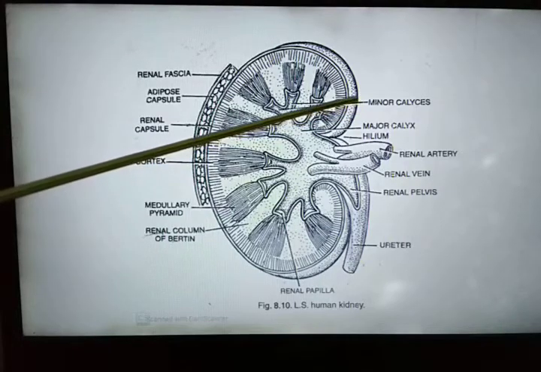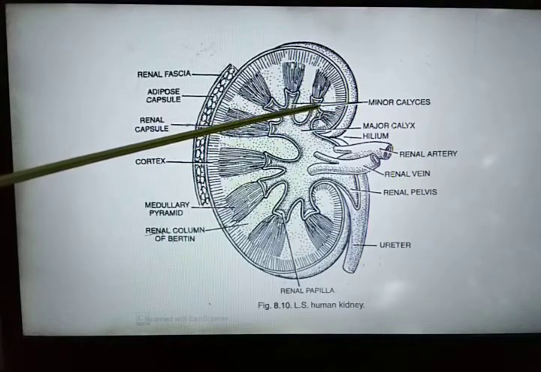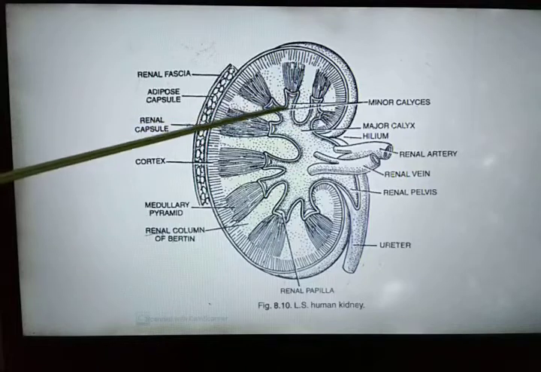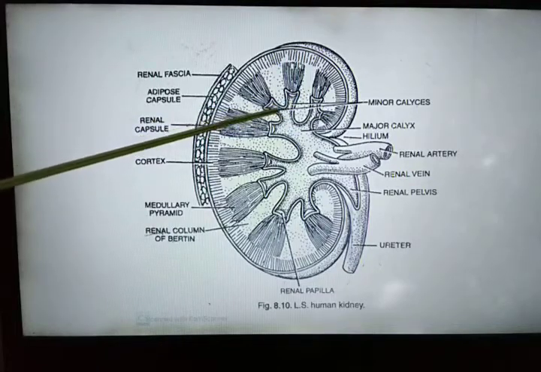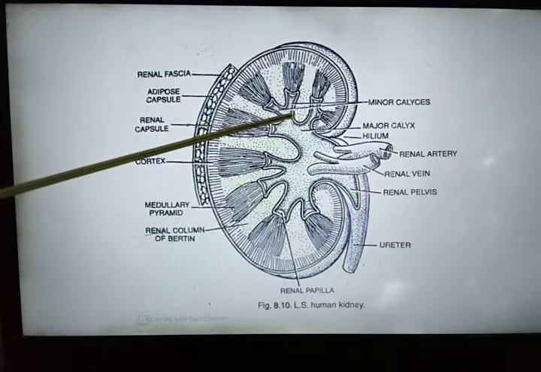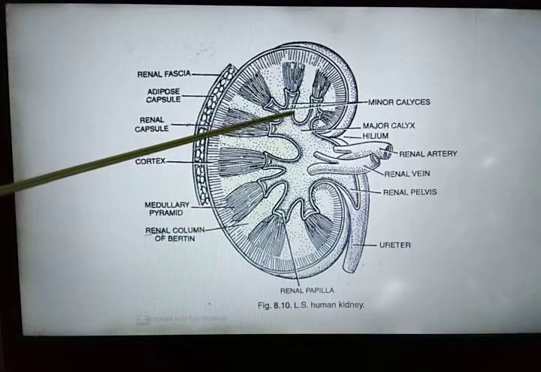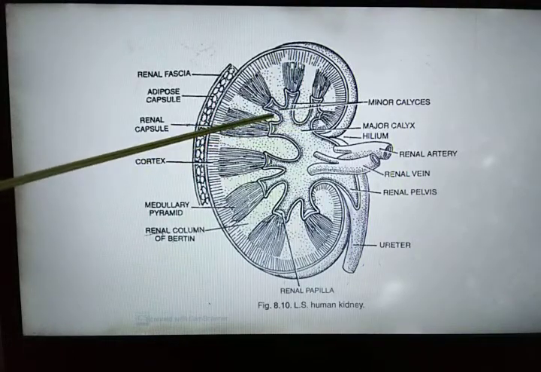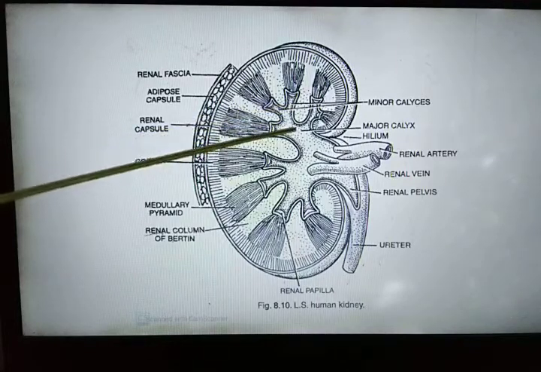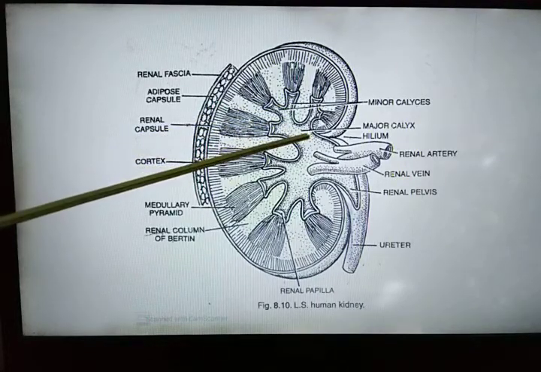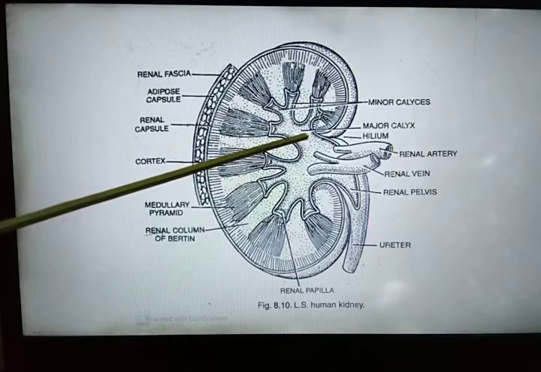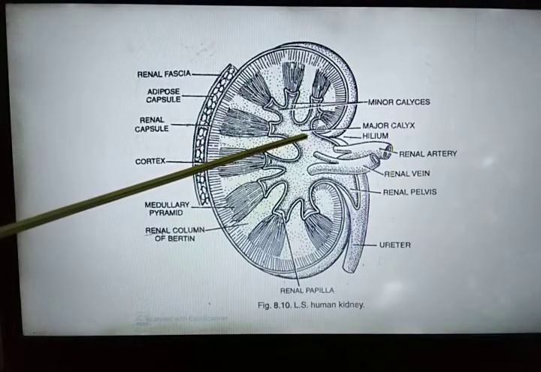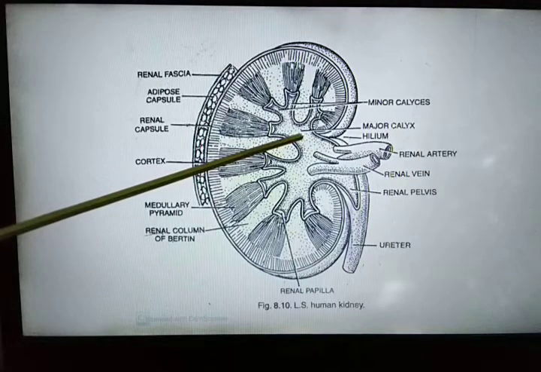But one minor calyx can connect two renal medullae, so they are mainly 7 to 13 in number. These minor calyces lead into a major calyx. You can see this is a major calyx, and 2 to 3 major calyces are present in one kidney.